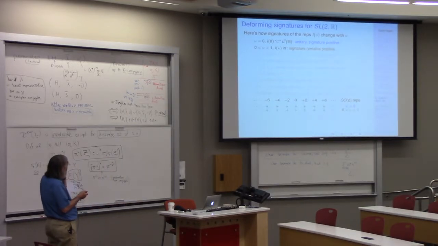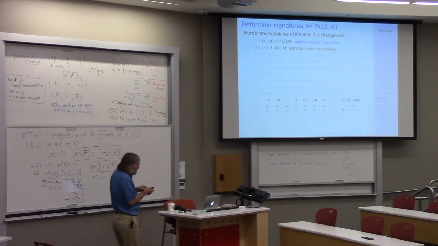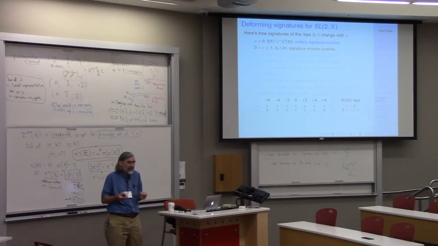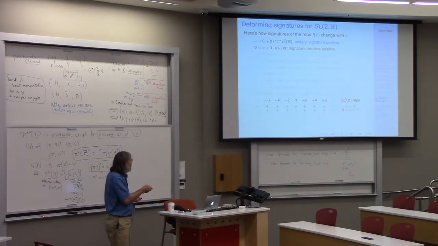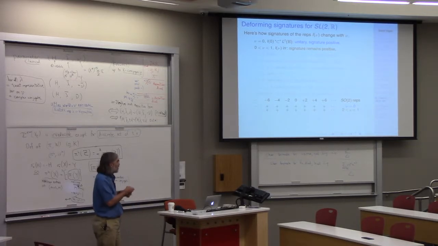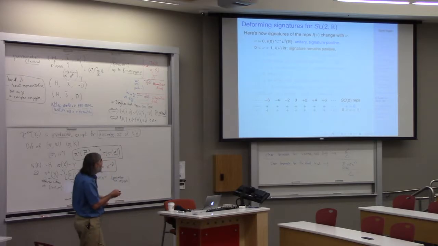Then, as I vary nu between 0 and 1, these representations remain irreducible. The form is changing in a rational way. So on each of these representations of K, you have a rational function which started out being positive at 0, and it's never 0 between 0 and 1, so it has to stay positive. That's the next conclusion.